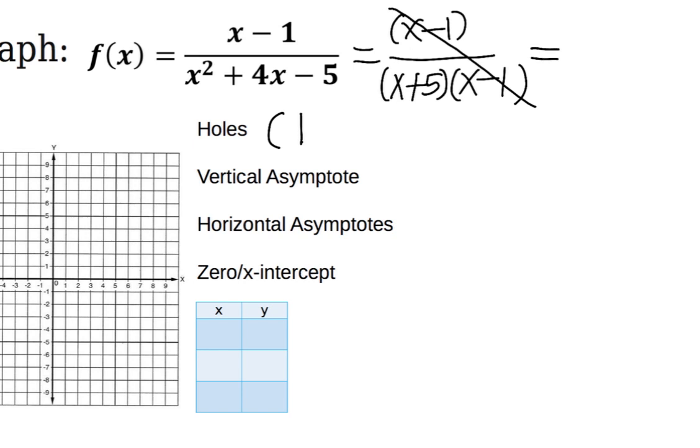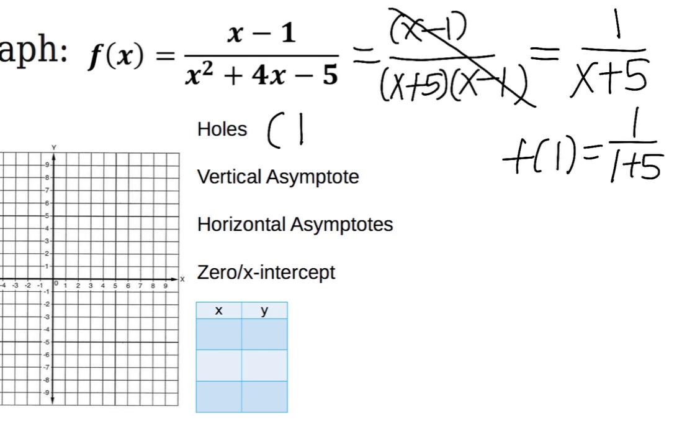And our simplified rational is going to be 1 over x plus 5. So to figure out our y coordinate, we're going to take our 1, our x value, and plug that in. So if our input is going to be 1, we have 1 over 1 plus 5, which simplifies down to 1/6. So our hole is going to be at 1/6.